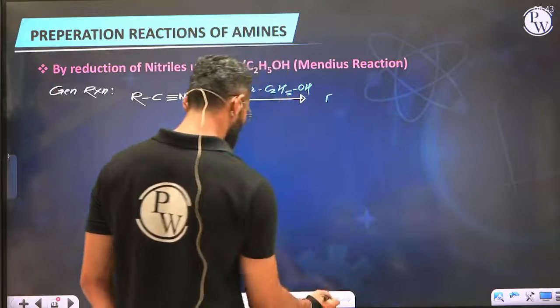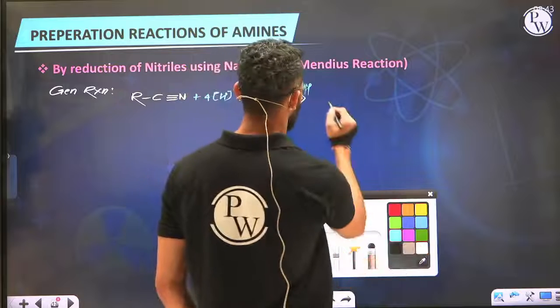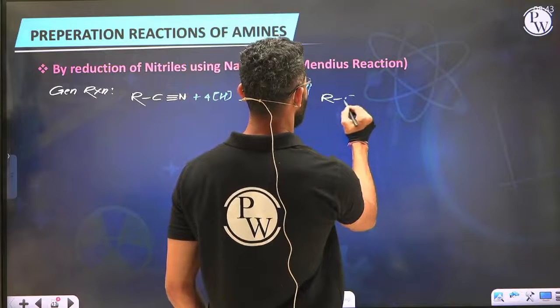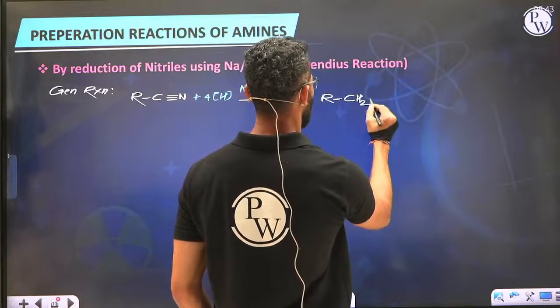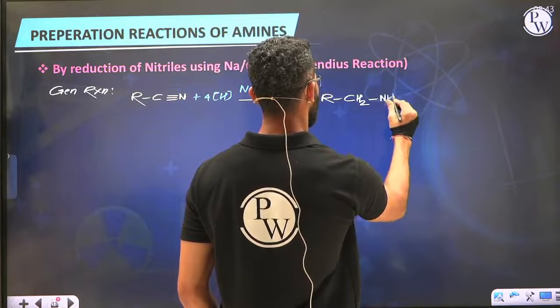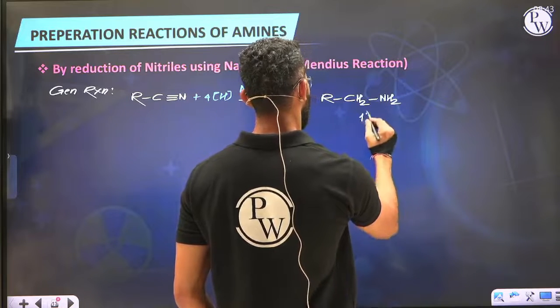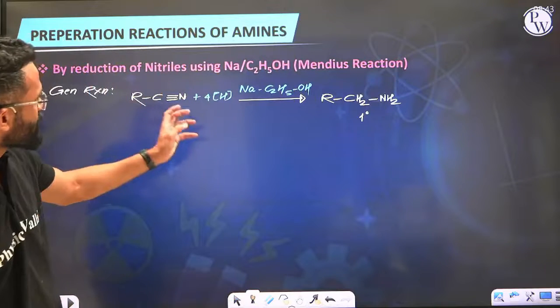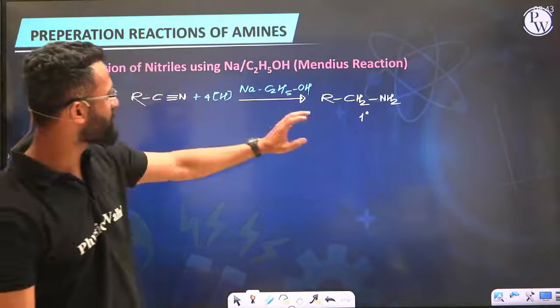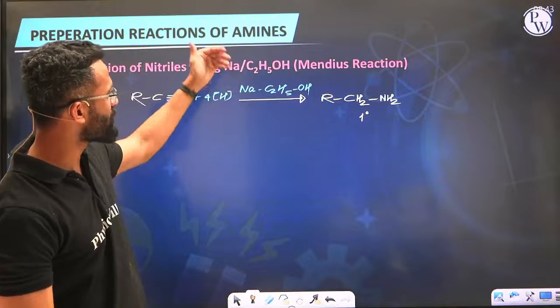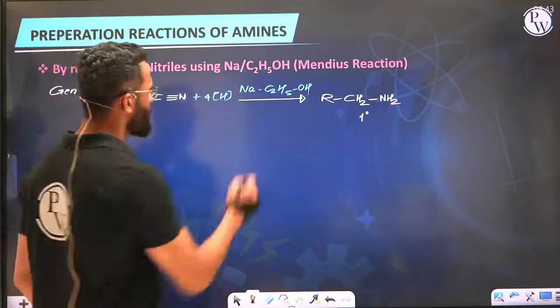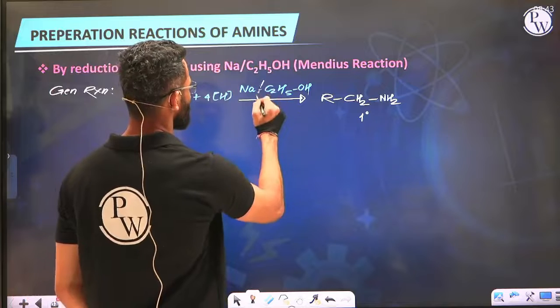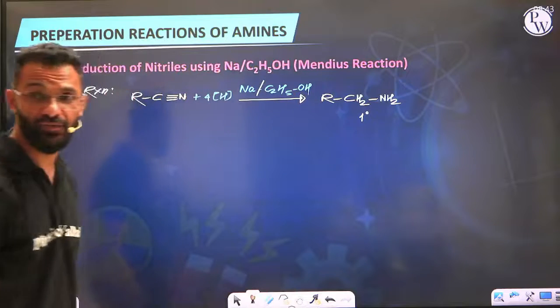It will result in the formation of R C, 2 H's to the carbon, 2 H's to the nitrogen, resulting in the formation of primary amine. So this reaction where nitriles are reduced to primary amine precisely using sodium in ethanol is what you call the Mendius reaction. So sodium in ethanol is called the Mendius reaction.